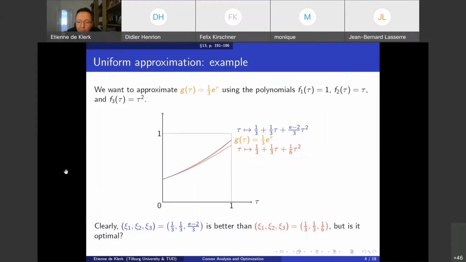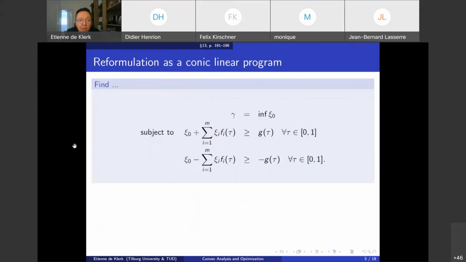Our goal here in this hour is to understand how we can rewrite this as a conic linear optimization problem, and then we have some tools from our toolkit to try and solve such problems. So let's think about the reformulation of our uniform approximation problem as a conic linear program.